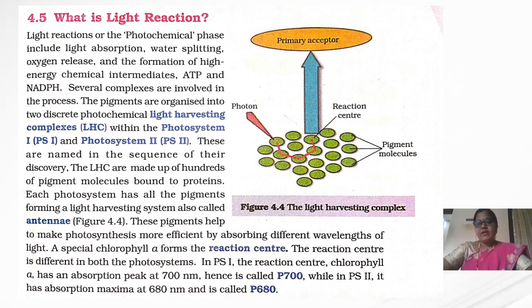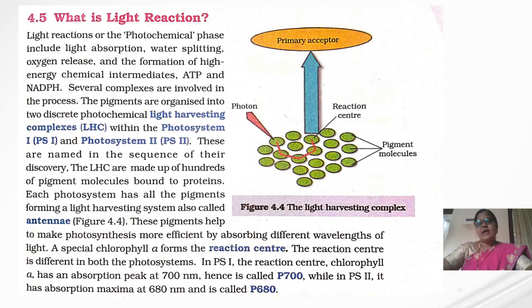In photosystem 1, the reaction center chlorophyll a has an absorption peak at 700 nanometers, so it is named P700. In photosystem 2, the reaction center has an absorption maximum at 680 nanometers, and it is named P680. So these are different in both photosystems.